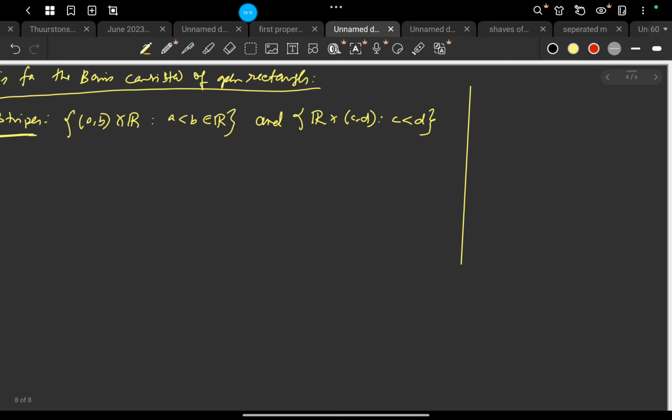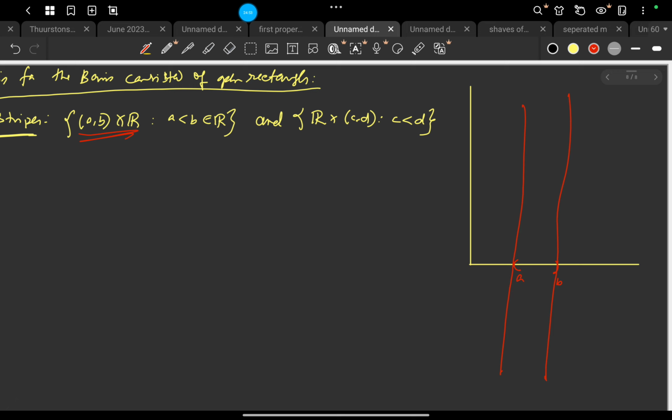Suppose this is my R². For example, suppose this is my (a, b), an open interval on R. Then (a, b) × R means I am considering this entire strip like this.